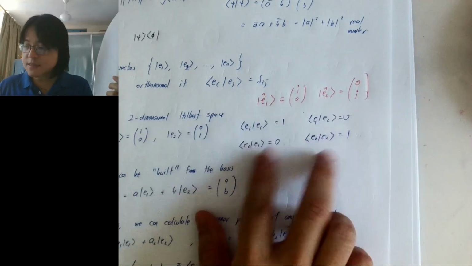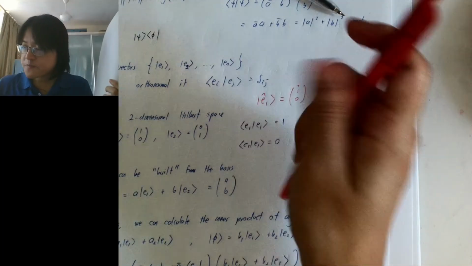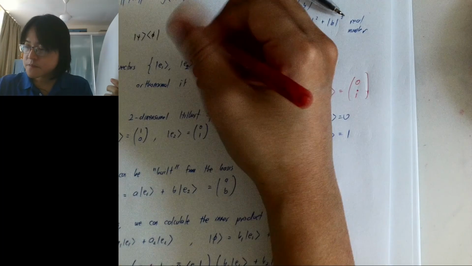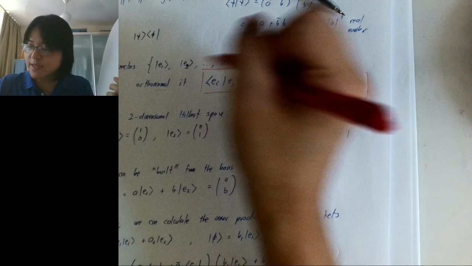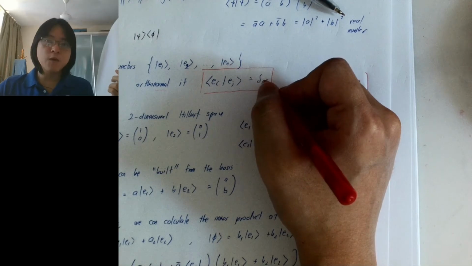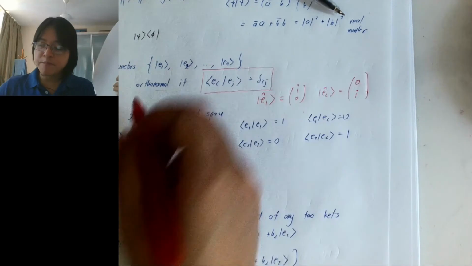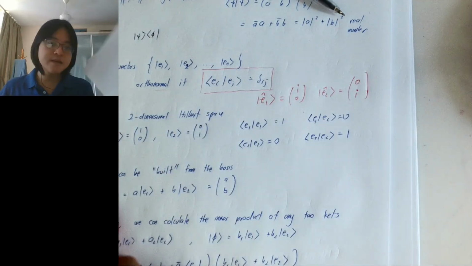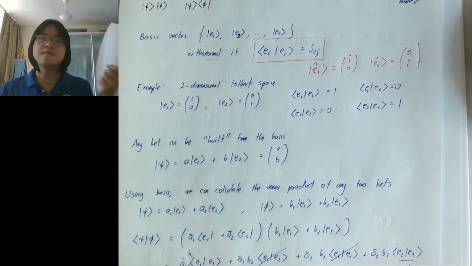The important point of a basis is orthonormal. In fact, the normal is an extra condition. Sometimes people use a basis where the norm is not 1. But as long as they're perpendicular to each other, then you can build any other vector from the basis vectors.